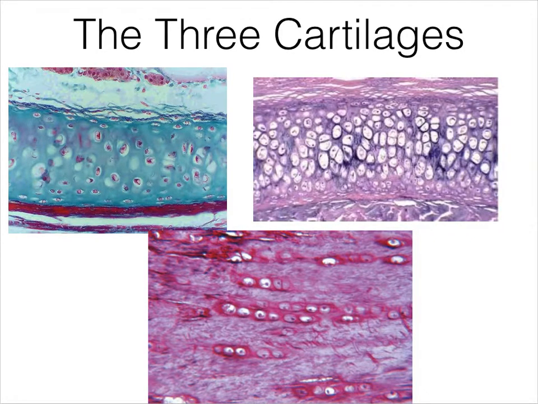Distinguishing between the three types of cartilage can also be tricky. I just want to reiterate some of the differences between them. In hyaline cartilage, what you'll see is an extracellular matrix that is sort of translucent and usually non-fibrous.